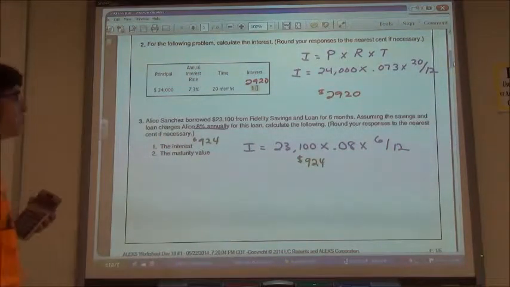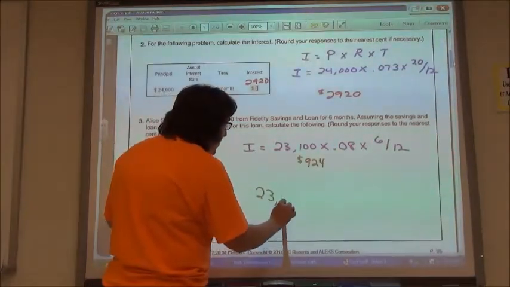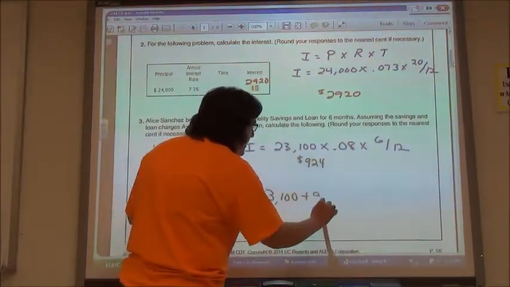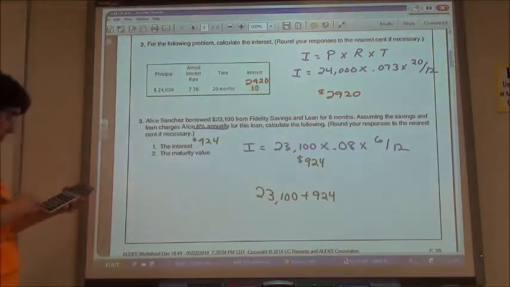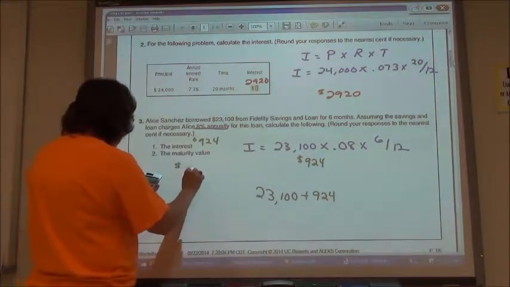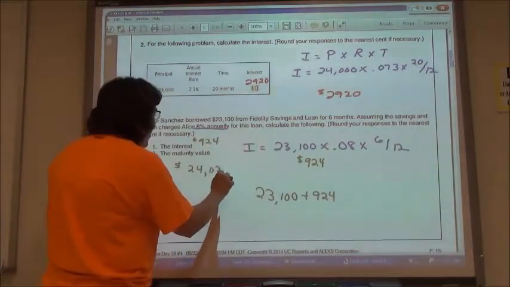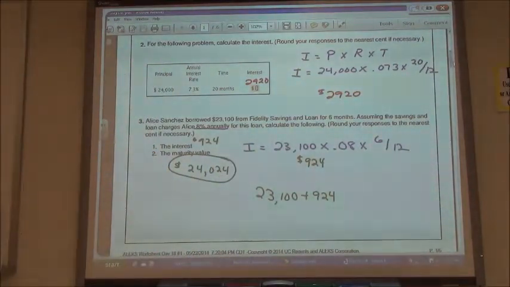They also want the maturity value. So I'm just going to take the $23,100 that I borrowed plus the $924 in interest. If I add those together, I have a maturity value of $24,024 that I would have to pay back at the end of the 6 months.